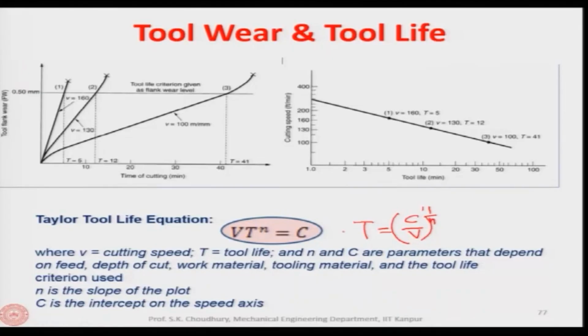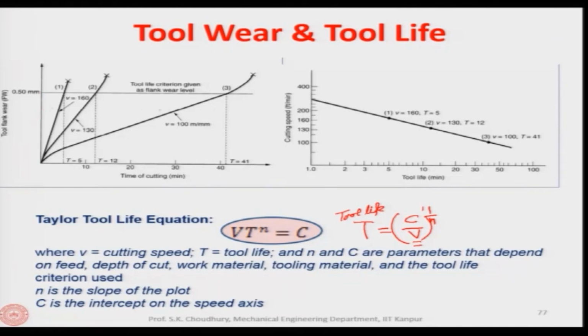So, it shows how the cutting velocity affects the tool life. This is the tool life T, and the tool life, as we said, we will define such that flank wear should not go beyond, let us say, 0.3 millimeter.